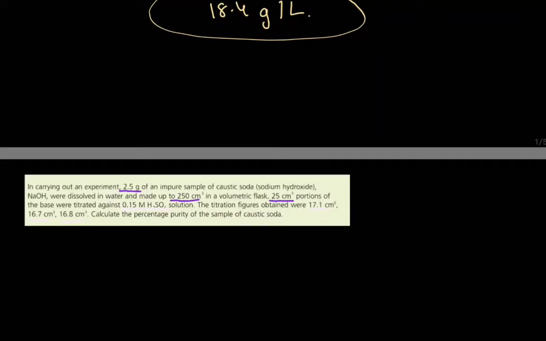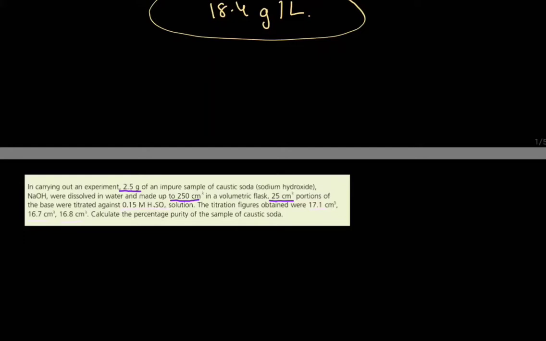Okay, so something slightly different with this one is that we have 3 volumes for the acid. So we're just going to tackle that first. Look at the 3 of them. We have 17.1, 16.7 and 16.8. When you're doing titrations, you have to keep going until you get an accuracy of 0.1.